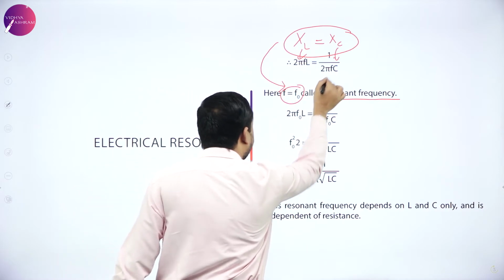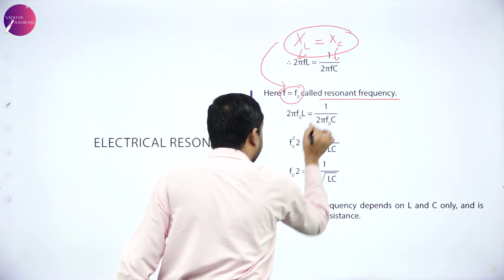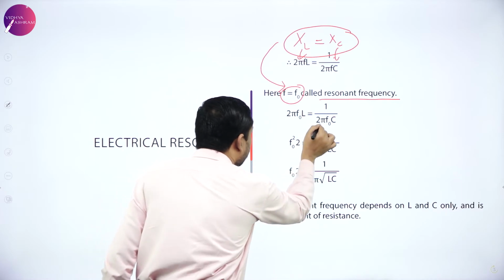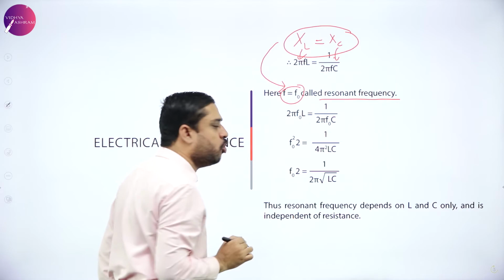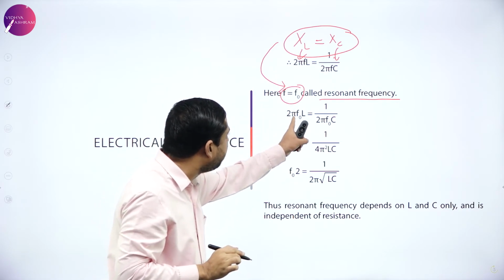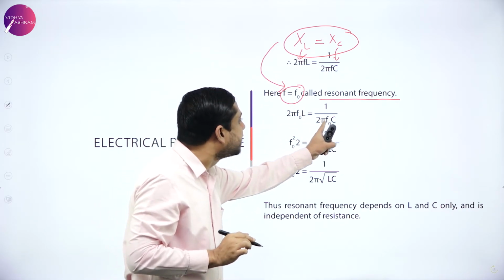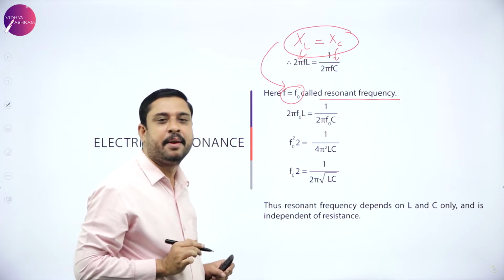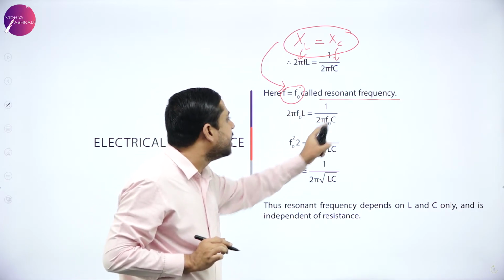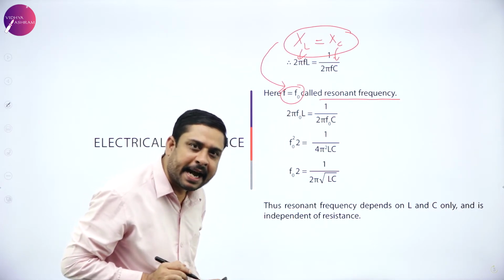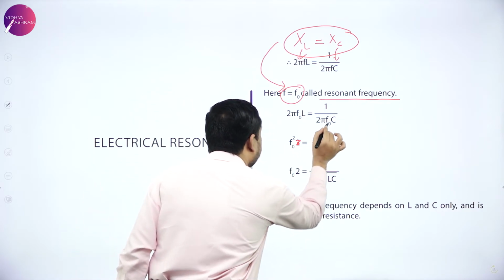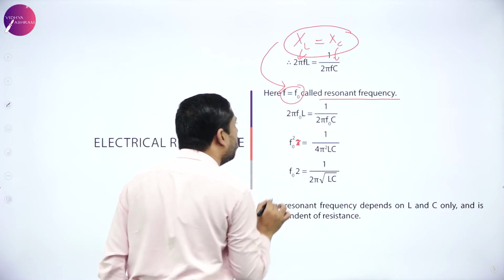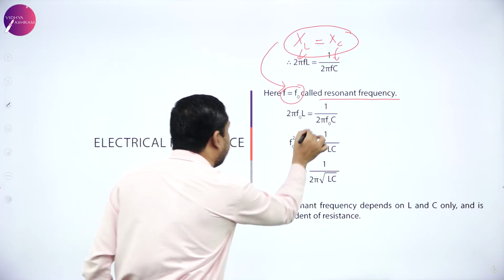And this F naught is called resonant frequency. So instead of F, I substitute F naught, where F naught is called resonant frequency. Now, F naught goes to the numerator on the left hand side.